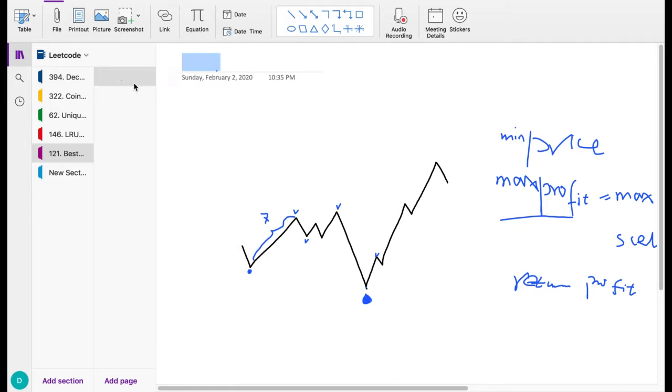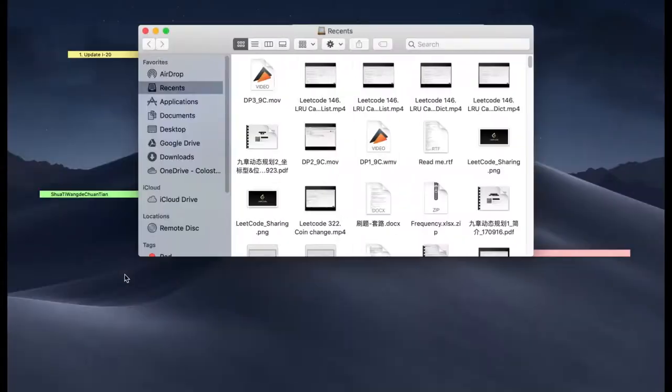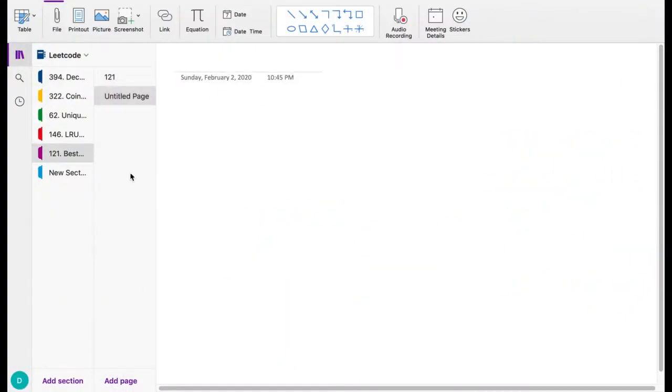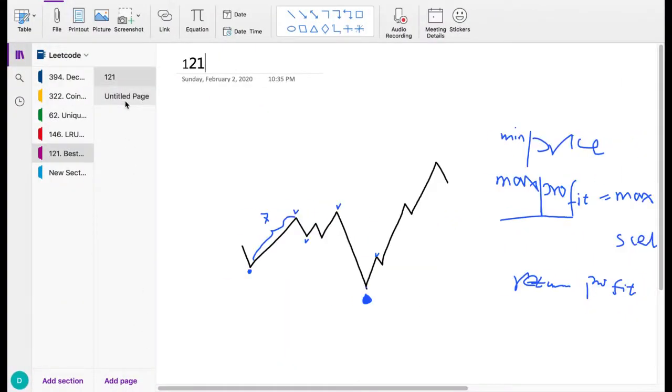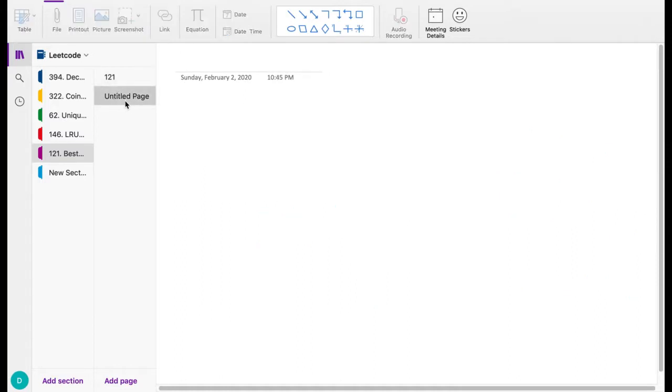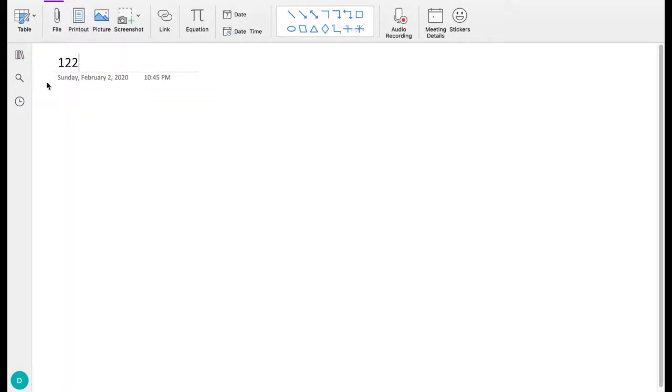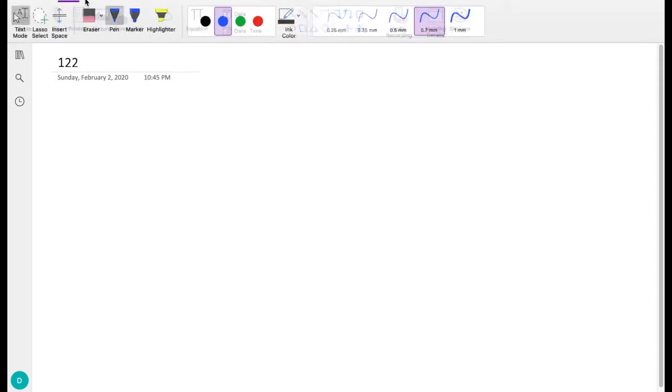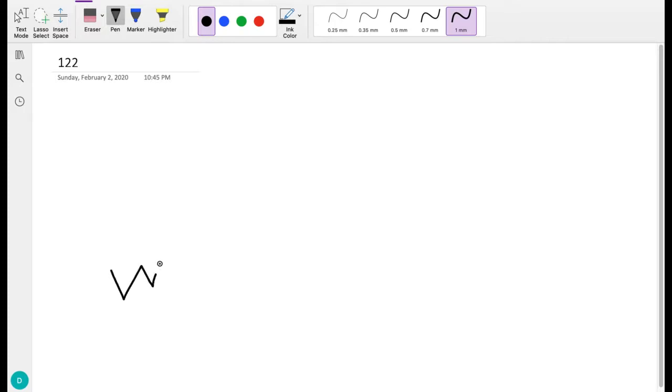Rename it 1 to 1. Add a page. So we have a stock like this.